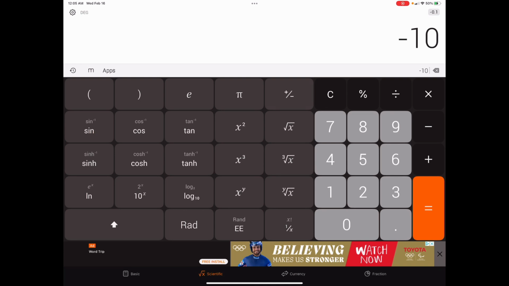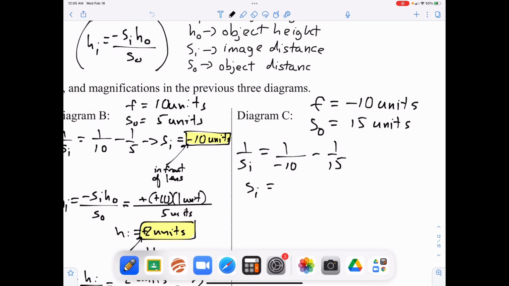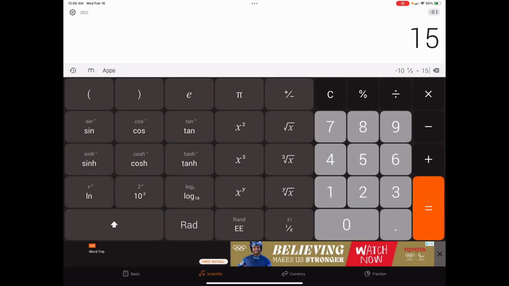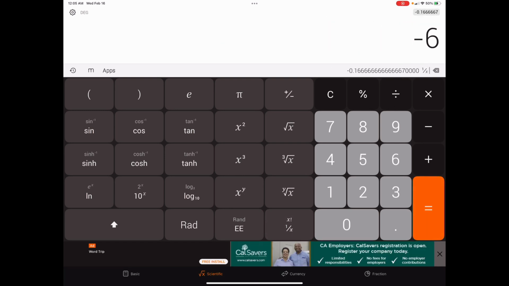Okay, we're going to go negative 10 inverse minus, we were going 15 inverse, equals, and then we need to inverse that answer, and we get about negative 6.